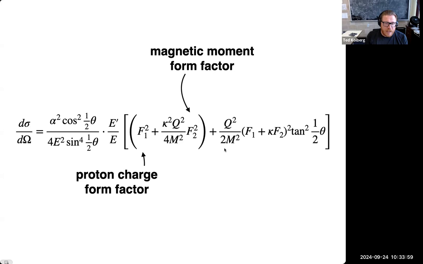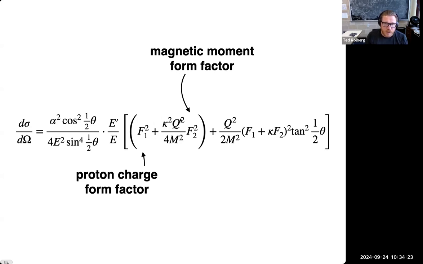And so you end up with these increasingly complex scattering amplitude formulae that account for both of these effects. And you can see that there's some dependence on this number kappa, which is new. Kappa is the anomalous magnetic moment. In the case of proton scattering experiments, that would be of the proton.